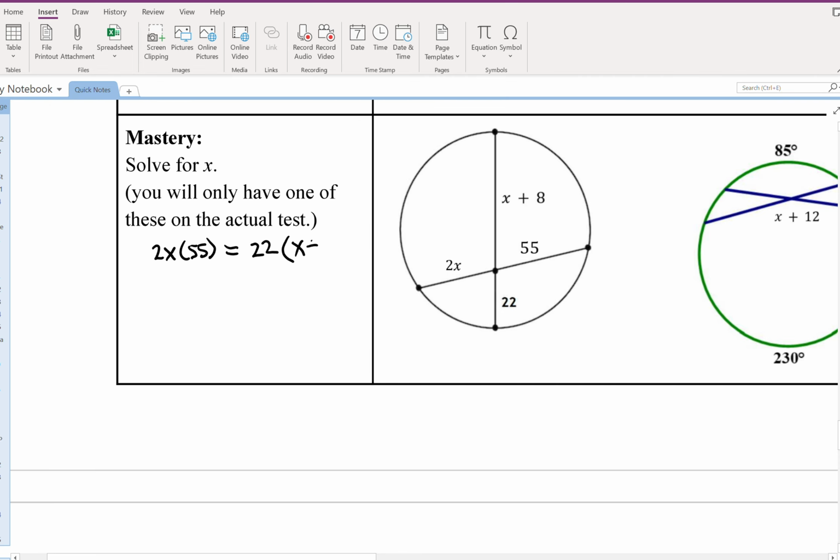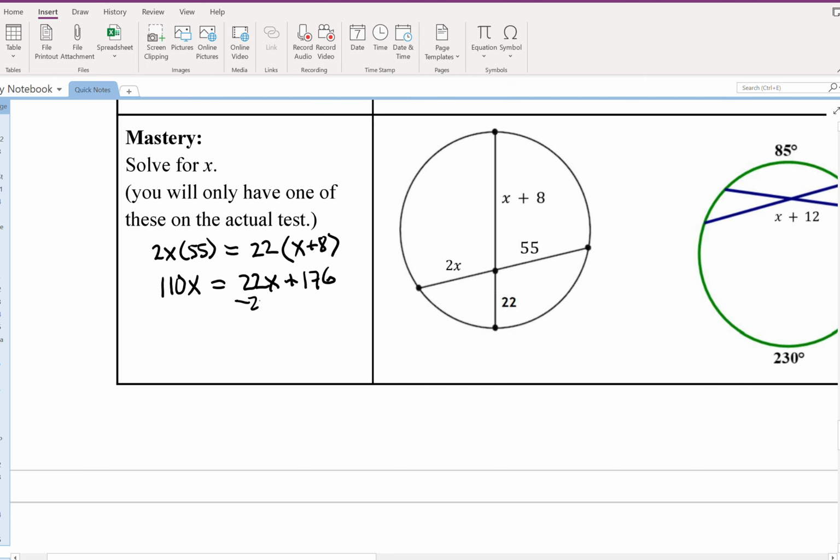And then if I multiply these out, 2x times 55 is 110x, which is equal to 22 times x, 22x, and 22 times 8, 176. So this is plus 176, just using the distributive property.